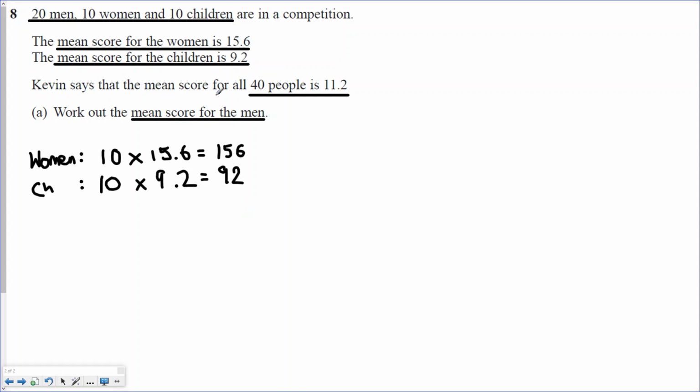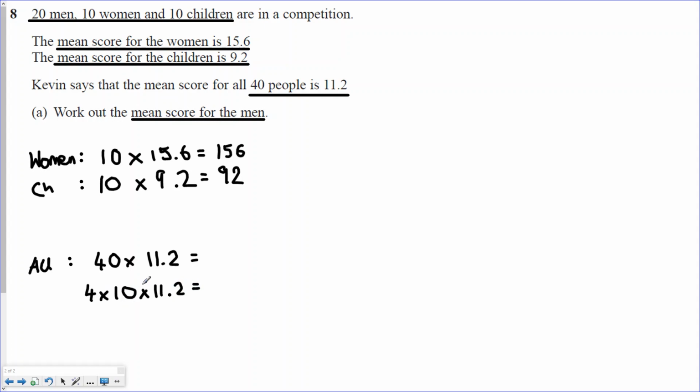And Kevin says that the mean score for all 40 people is 11.2. So let me write all: that's going to be 40 times 11.2 equals. Now this is the non-calculator paper, so this can be quite a challenging calculation, but I would advise you to break it down into 4 times 10 times 11.2. 40 is the same as 4 times 10.